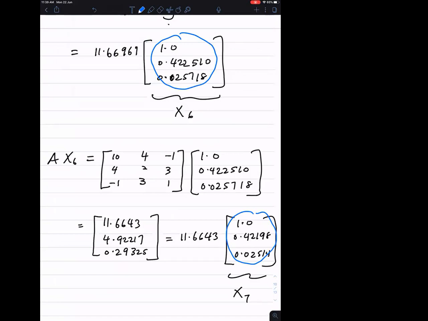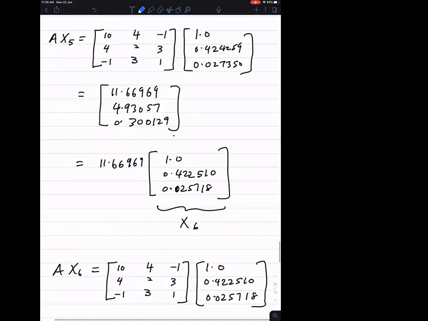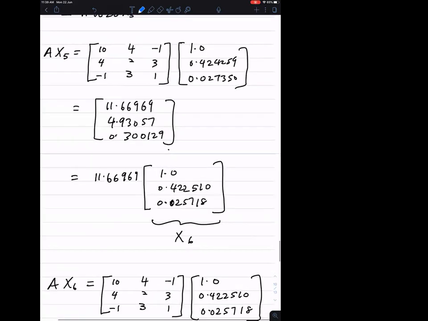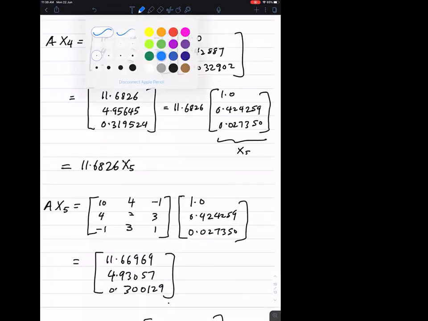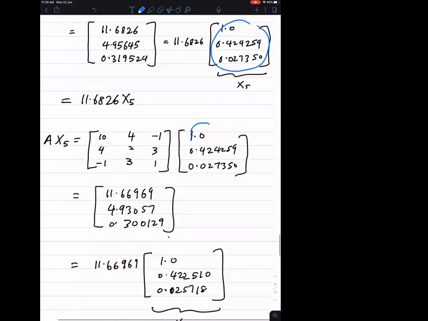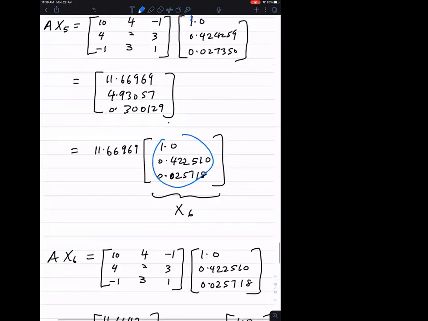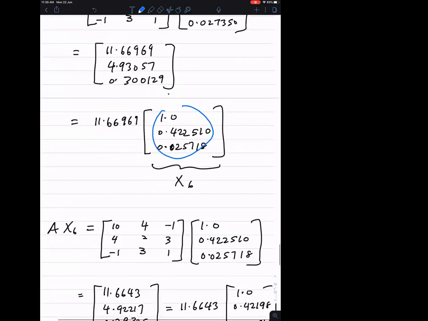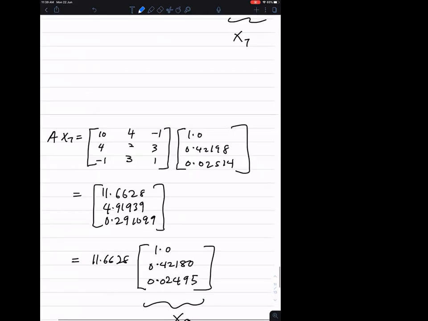Pretty much the same. You have to do a few times and see that they have to be consistent. See, from here on, they're not changing. From here, they're still almost the same. So they should stay consistent for a few iterations, then you can make a conclusion.